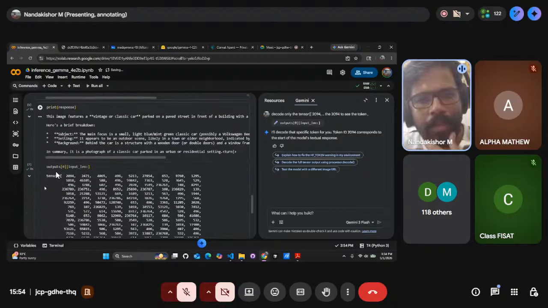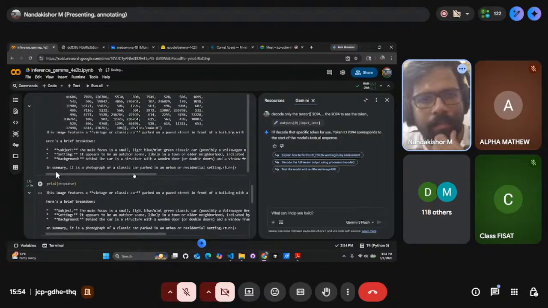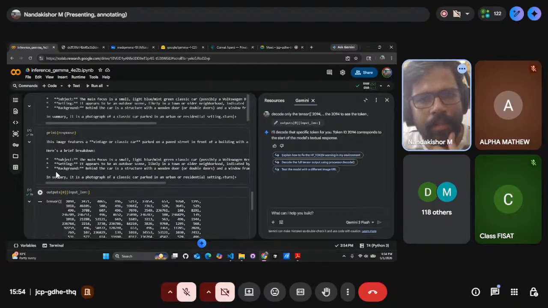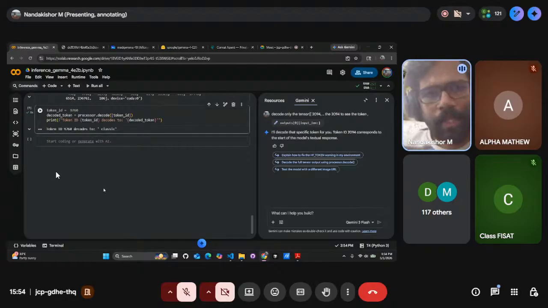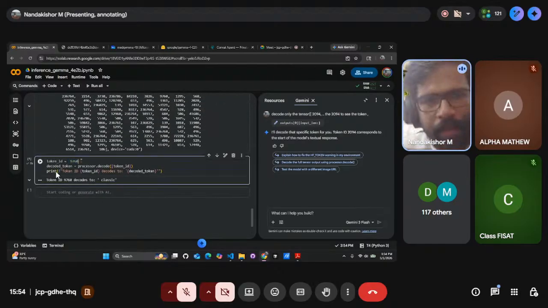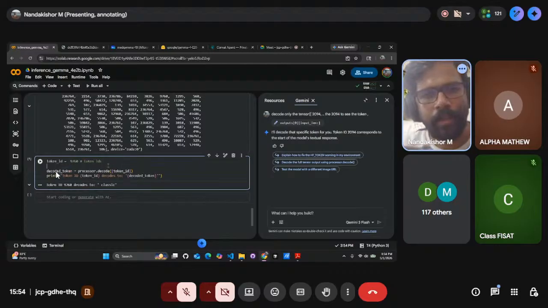Okay, that means vintage, or 656 means, or that means classic means 9760. Yes. So this is, like I said earlier, what we call token IDs. You decode it, then the output.